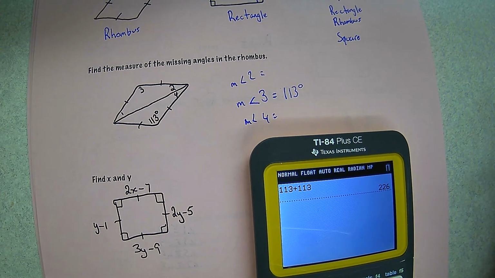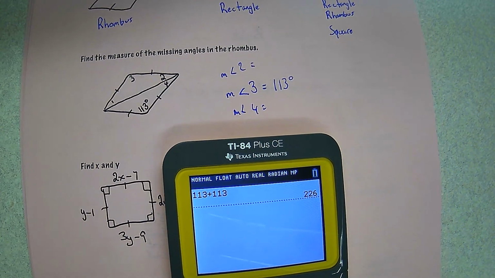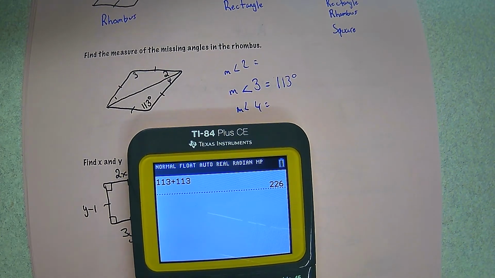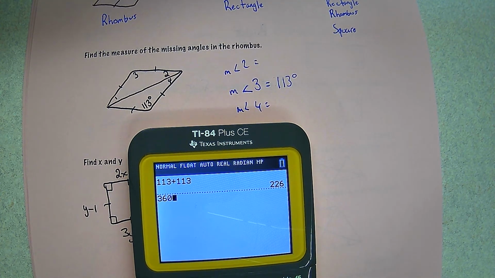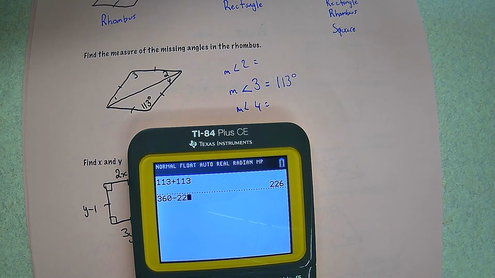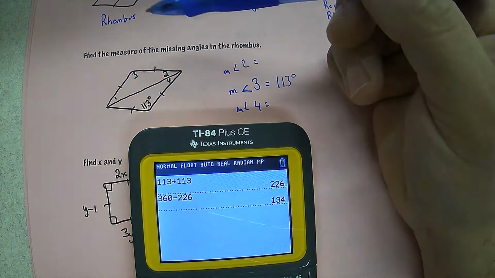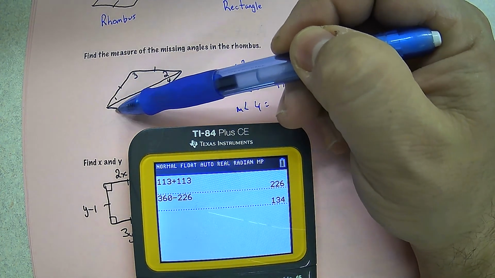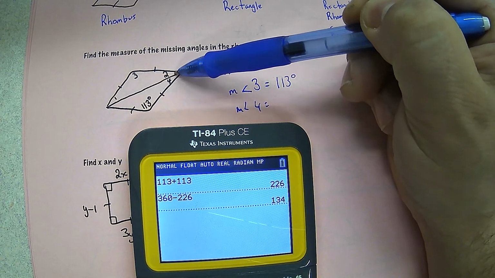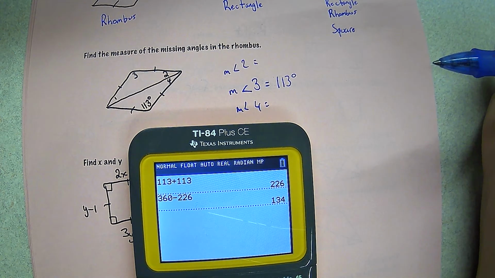So those 2 angles are 226 altogether. It's a quadrilateral, so that means the interior angles are 360. So if we subtract that 226, I know that these 2 angles right here have to add up to 134.